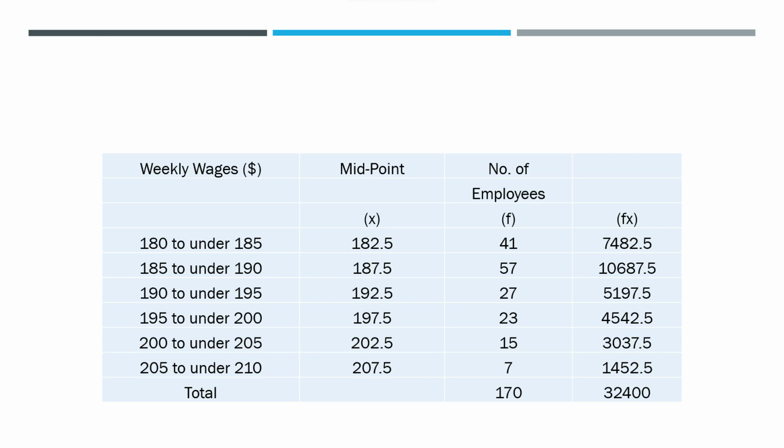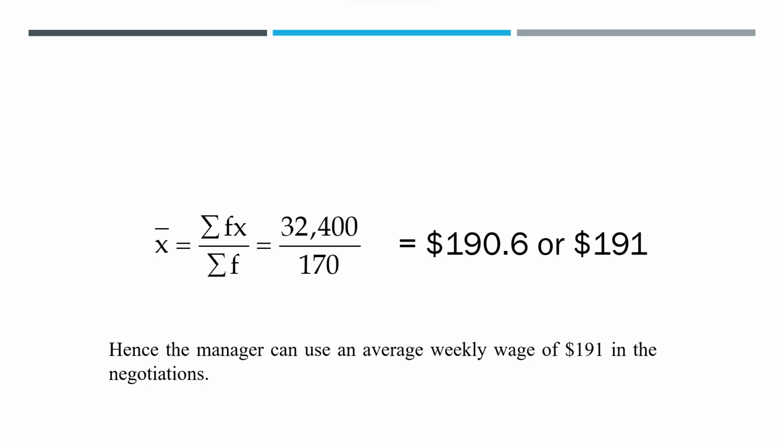Now, x bar, or arithmetic mean, is equal to sigma fx divided by sigma f. Sigma means the sum total. For sigma fx, we have already calculated the figure as 32,400. Sigma f, the total number of employees, is 170.